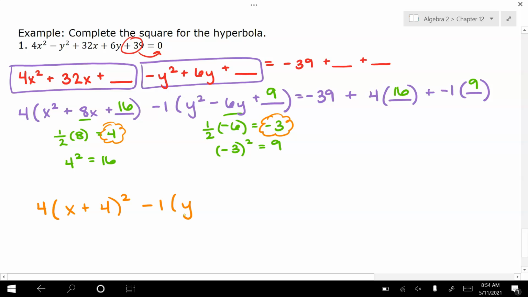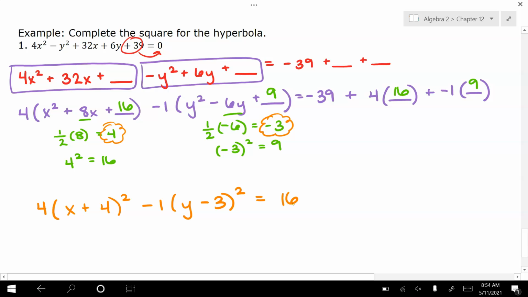Y and then what number? Good, minus 3 squared. All right, now over here, negative 39 plus 4 times 16. So that would be 64. And then we've got plus negative 1 times 9. So if I do the math over here on the right side and simplify that, I end up getting 16.